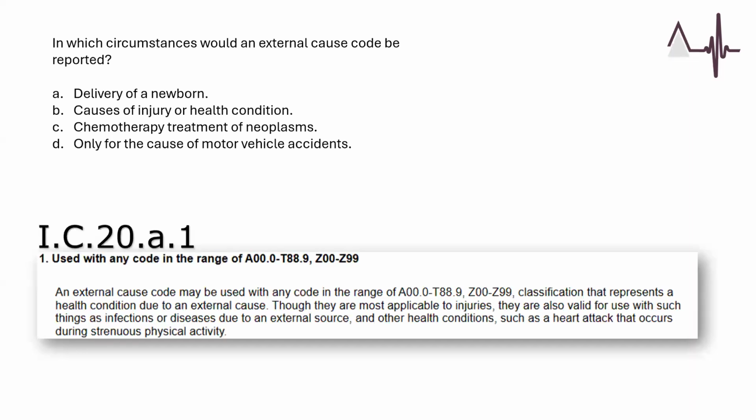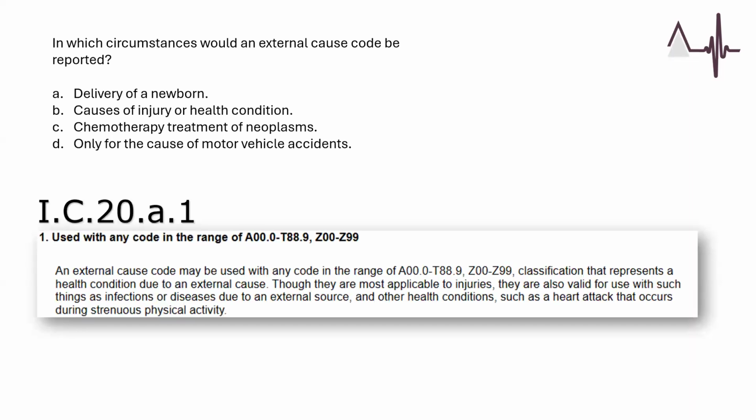In the ICD-10-CM guidelines, I.C.20.a.1 states, an external cause code may be used with any code in the range of A00.0 through T88.9 and Z00 through Z99 classifications that is a health condition due to an external cause. Though they are most applicable to injuries, they are also valid for use with such things as infections or diseases due to an external cause source.